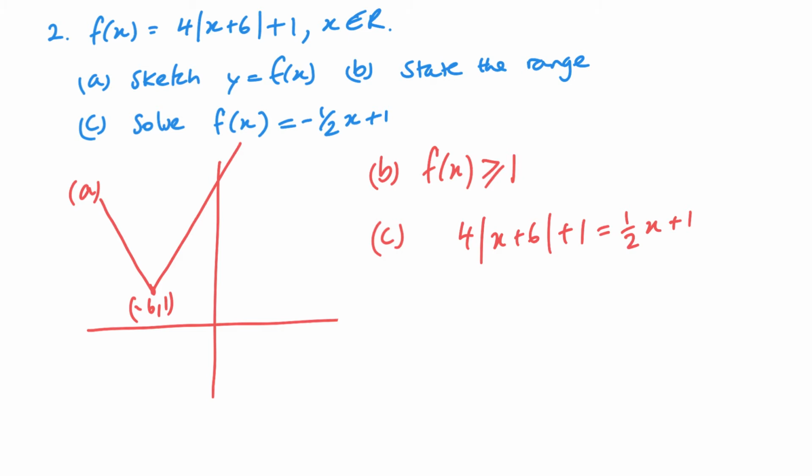So since this minimum is already at -6, 1, then I know that this new graph, the -1/2 x plus 1, has a gradient of -1/2, so it's quite a shallow gradient compared to the gradient of my original graph here. So it's going to be something like this.